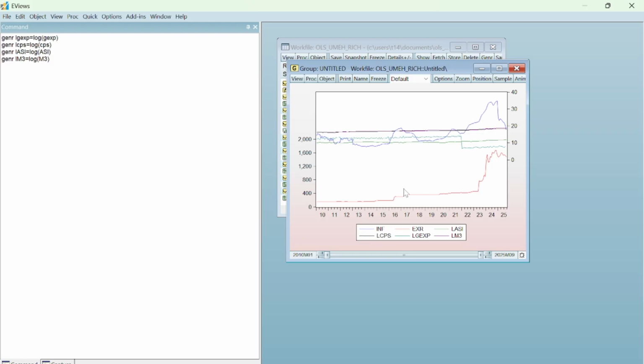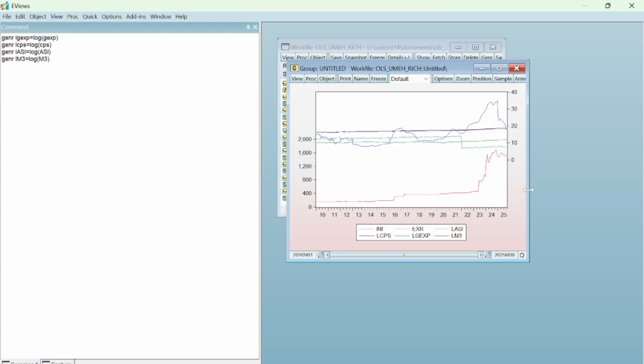M3. Wow. So credit to private sector and money supply actually move alongside, they mirror each other a lot. So these are the variables we have. Exchange rates with these variables, I think they actually drive inflation up. I think that's what this analysis is trying to say.